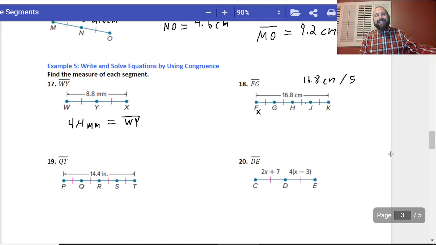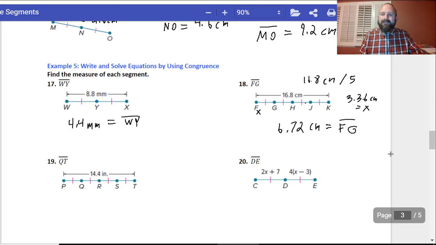When I get my calculator out and divide 16.8 by 5, I get 3.36. So each little part is 3.36 centimeters. But FG is 2 of those, so we multiply by 2, and we get 6.72 centimeters is equal to FG. And that's it.